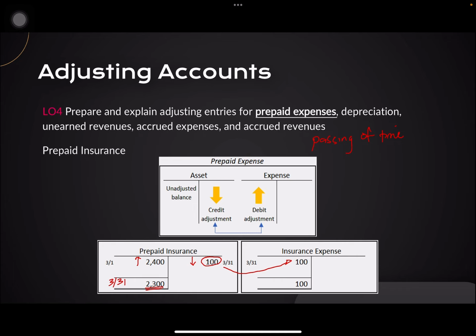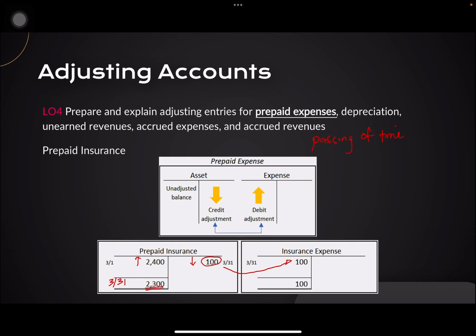In this case, for the prepaid insurance, this would fall under passing of time, because you cannot assess how much insurance you already consumed, right? This is not in quantity, but rather through a time frame. And in this case, your insurance is good for 2 years. So every day that goes by, every month that goes by, every year that goes by, what you need to do is to decrease it.